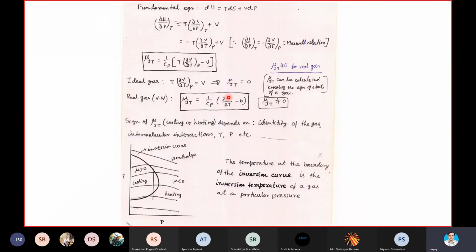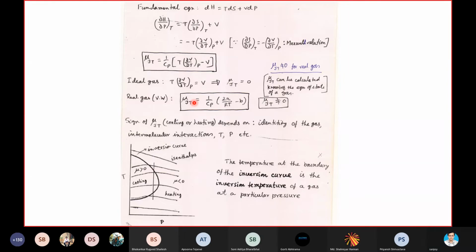Now see, there are two terms here, one is 2a/RT, another is b. So the relative comparison of these two, the ratio of 2a/RT and b, will tell you whether μ_JT will be positive or negative. Clear? If this term is greater than b, then μ will be positive, which means a cooling effect. If this term is less than b, then μ will be negative, so that will be a heating effect.